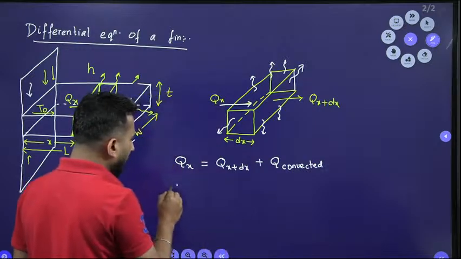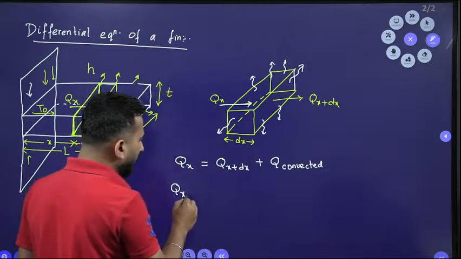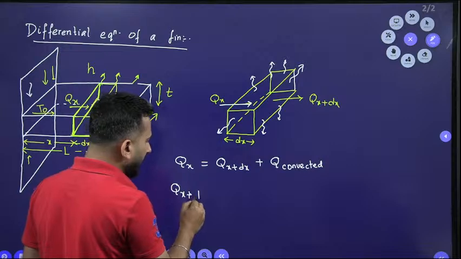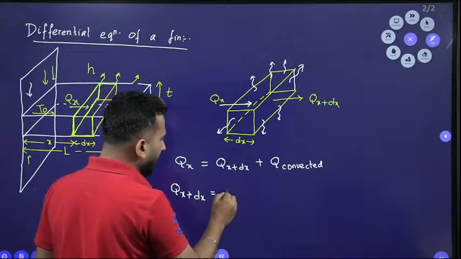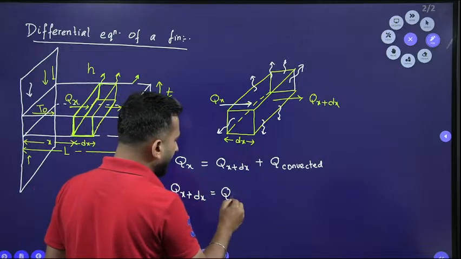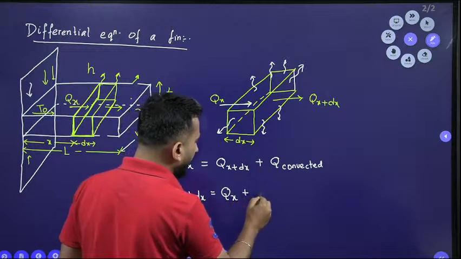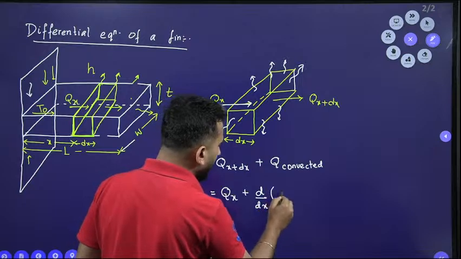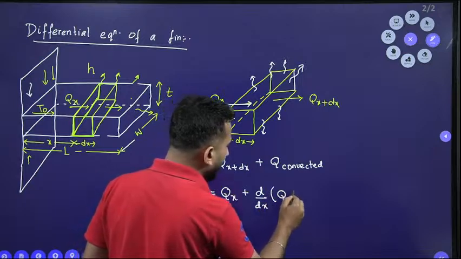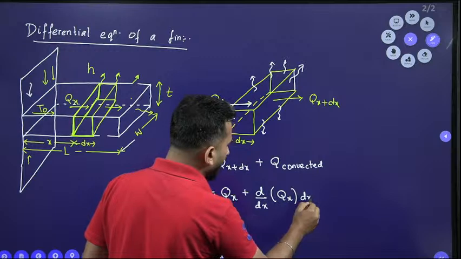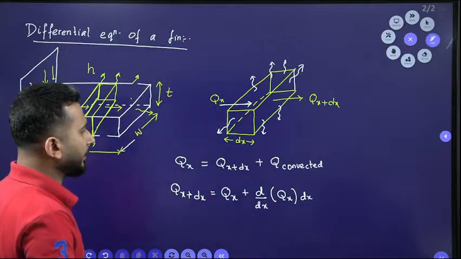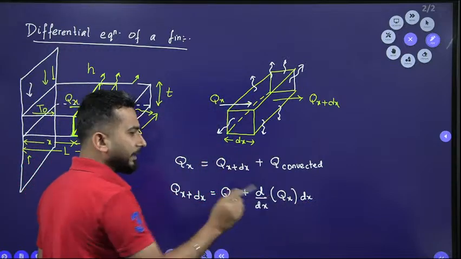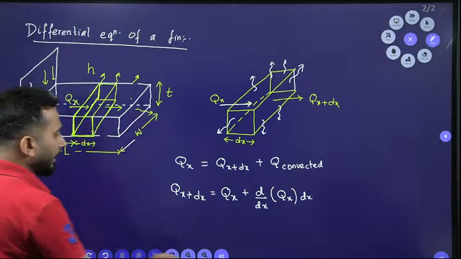Now I have told you one thing, that using Taylor's expansion, in the first class only I have discussed, we can write this as qx plus d by dx of q of x into dx. Now don't cancel this dx and this dx. Okay.